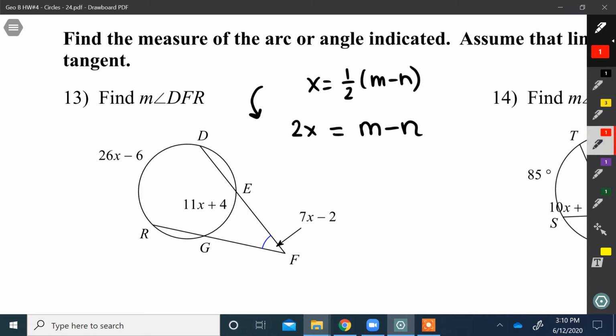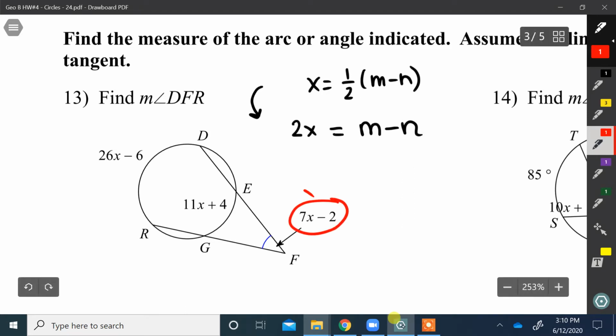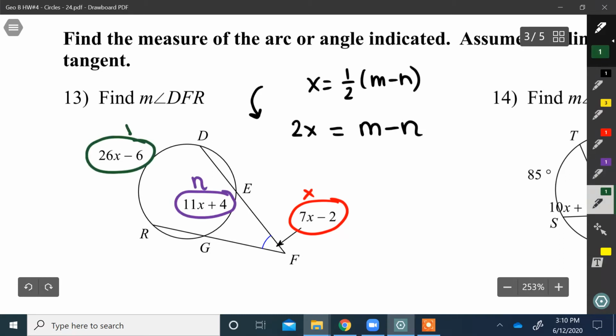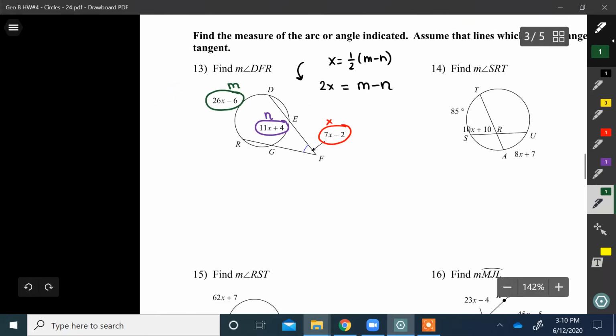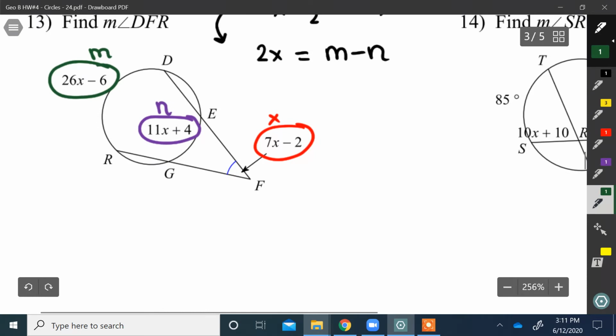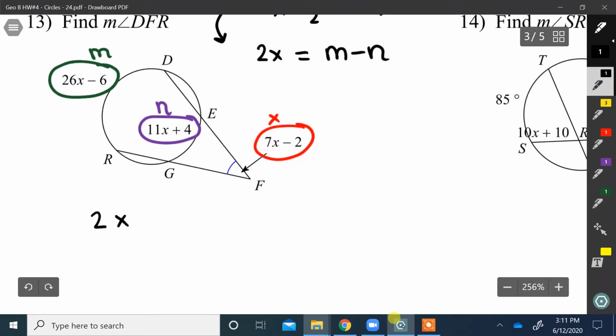All right, so now let's identify what is the x, what is the m, and what is the n. So the x is this right here. The n is this guy right here. And then finally the m is this guy here. So if I want to solve this problem, let me actually bring this guy here. 2x is equal to m minus n.